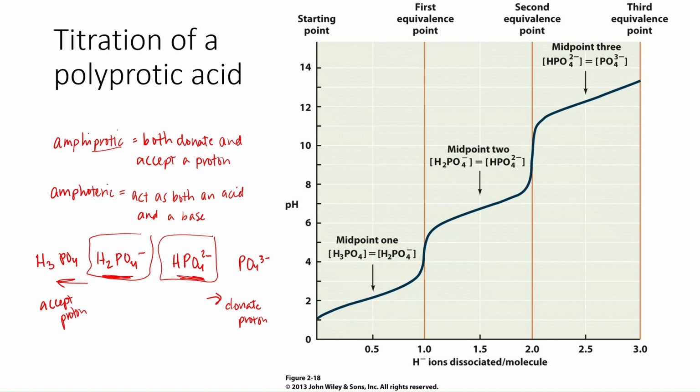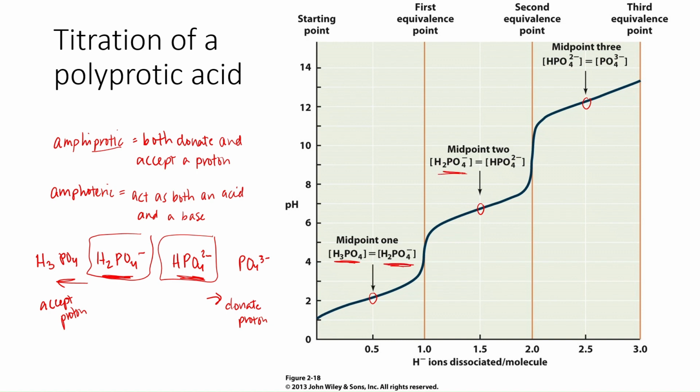And they also make a special sort of buffer because you can end up having one type of molecule that will give you three different ranges of pH at which it can act as a buffer. So you have three different pKa's where the two types of species are equal to each other. The first one is equal amounts of phosphoric acid and dihydrogen phosphate.